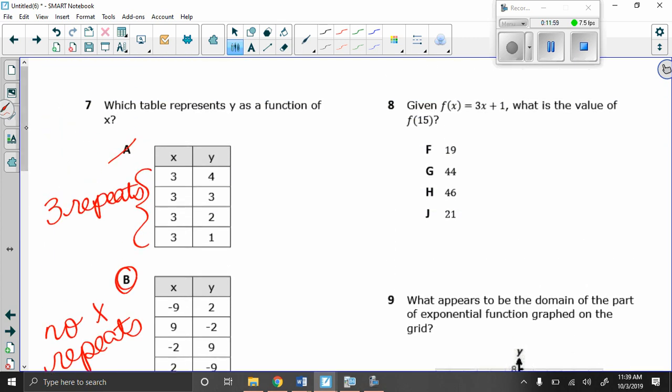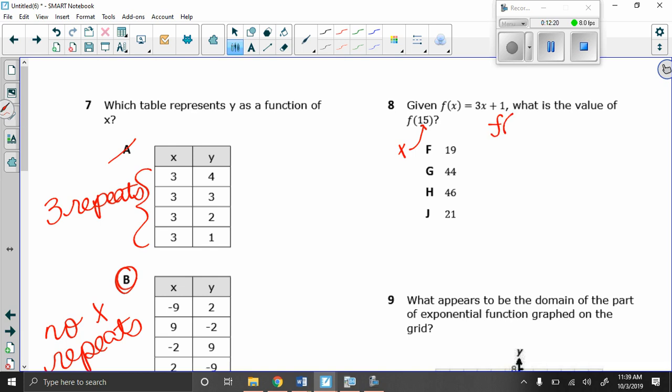Number 8, so we're given the function 3x plus 1. What is the value of f of 15? If we recall, x is inside the parentheses. So that means I want to take 15 and plug it in wherever I see an x.